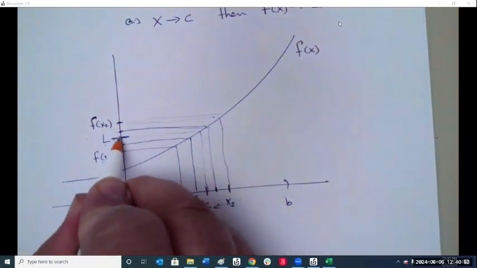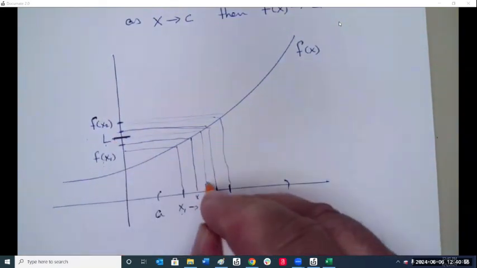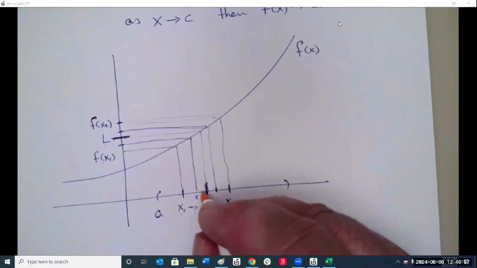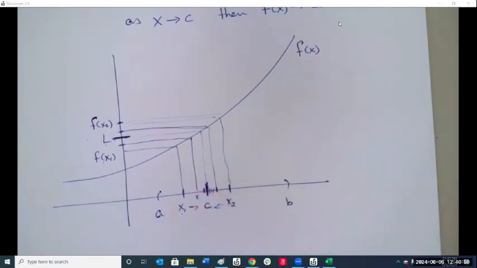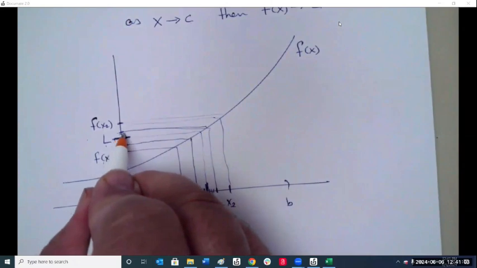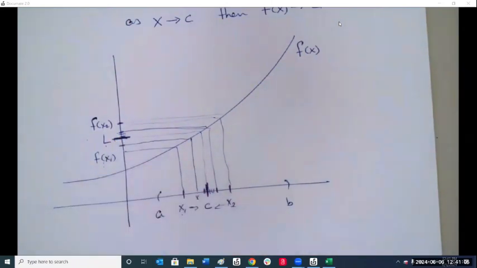So there's our L value. There's our C value. The closer x becomes to c, the closer our functions get to L.